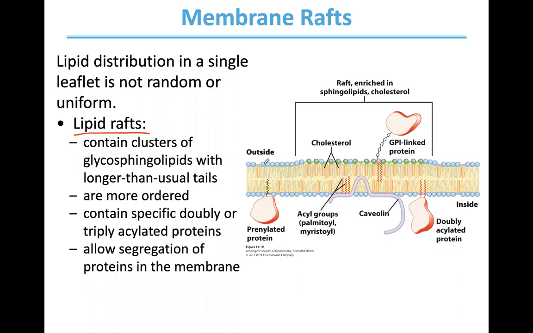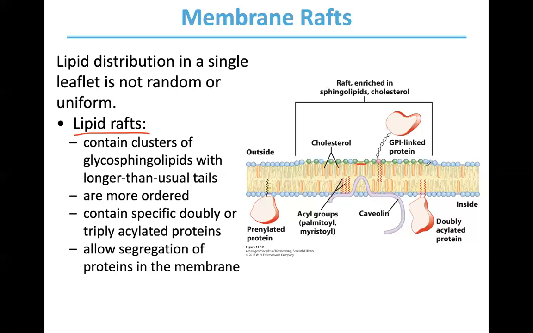So you can see the blue is glycerophospholipid, right? And then the red one will be glycosphingolipid. And it's kind of extending slightly, making the membrane slightly thicker at this portion, where the sphingolipid is predominant, and then it goes back to the glycerophospholipid.